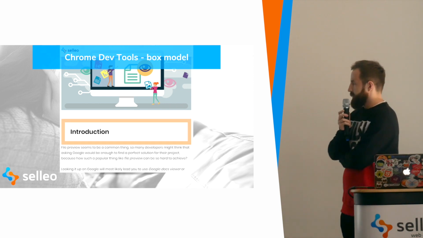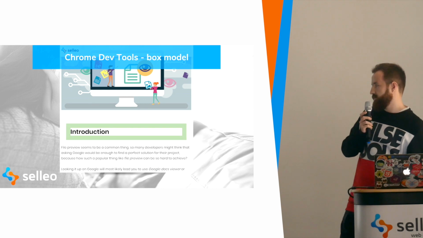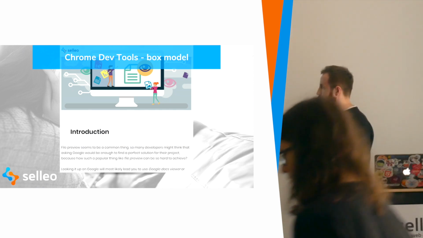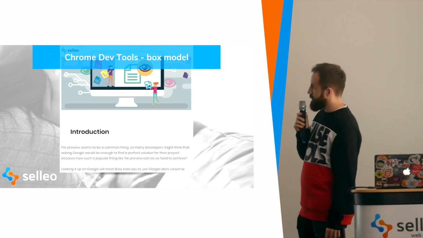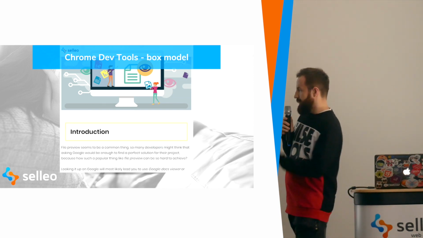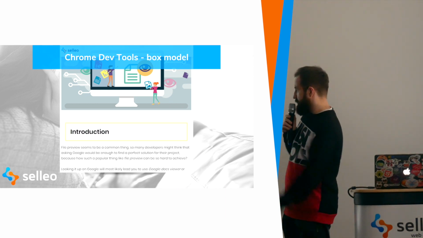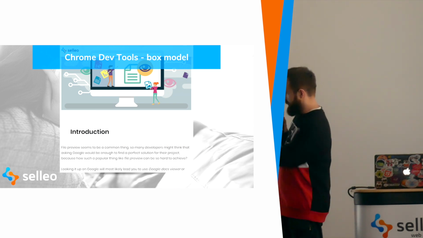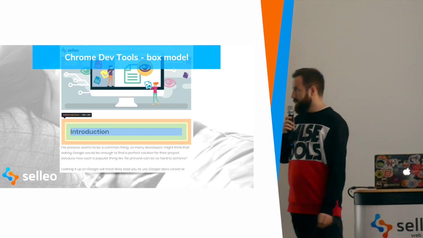First thing, what's the box model? It's important to understand this when we want to talk about margins. If you ever used Chrome DevTools, you probably saw this box when you hover on an element in HTML, you see those margins, border, padding, and content.